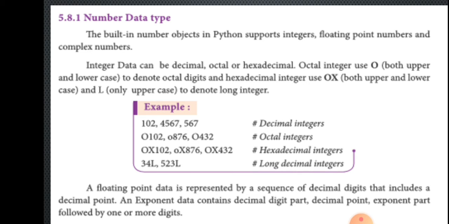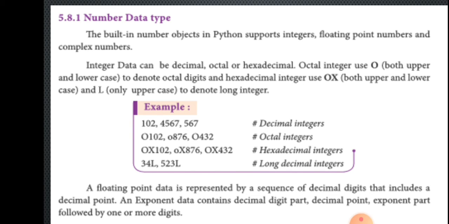We can also represent floating point data in exponent form. How can we represent the exponent form? An exponent data contains a decimal digit part, a decimal point, and an exponent part, followed by one or more digits. For example, 24.E10 or E2, here E is used to represent the exponent part.